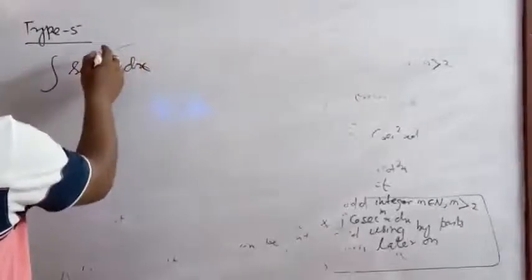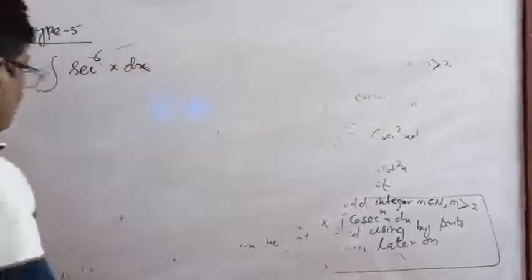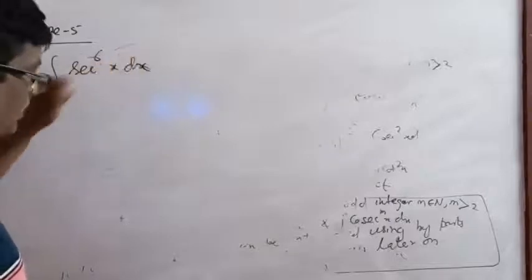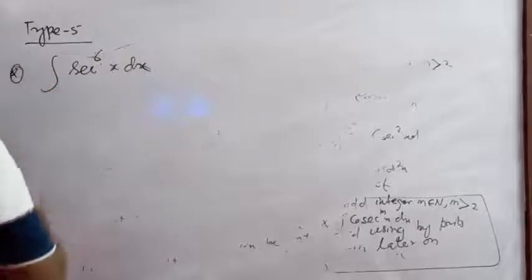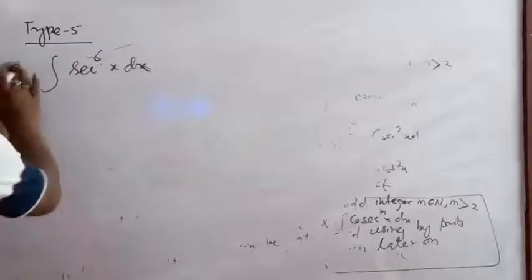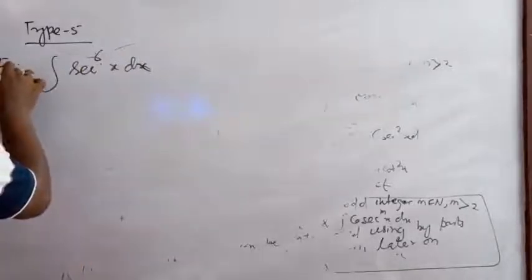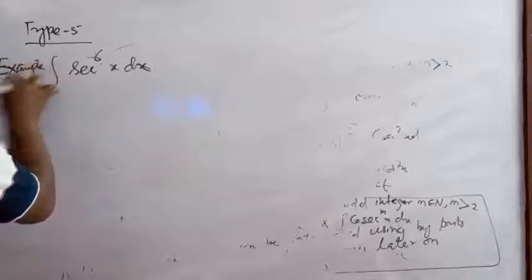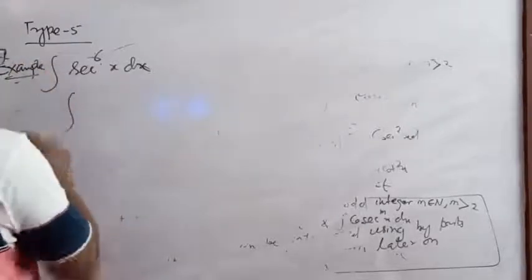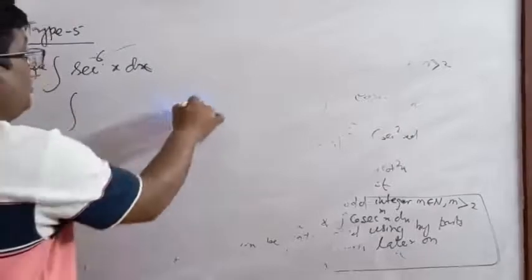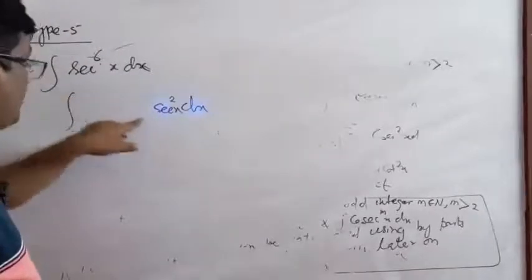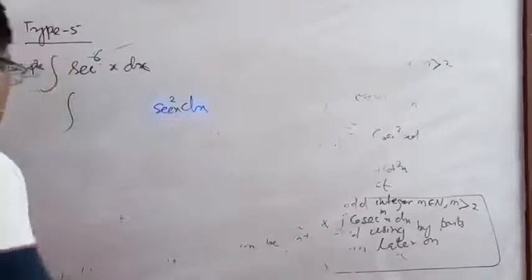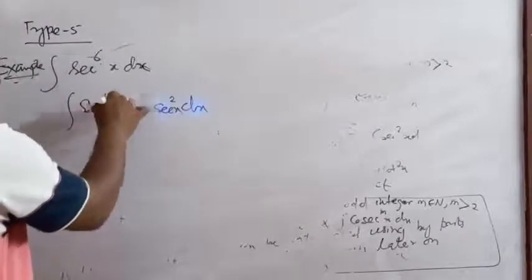It could also be sec 6x or sec 8x, an even power. So first we have to bring sec square x next to the dx, separating a sec square x towards dx. So it is sec square x into sec square x dx. This is step 1.